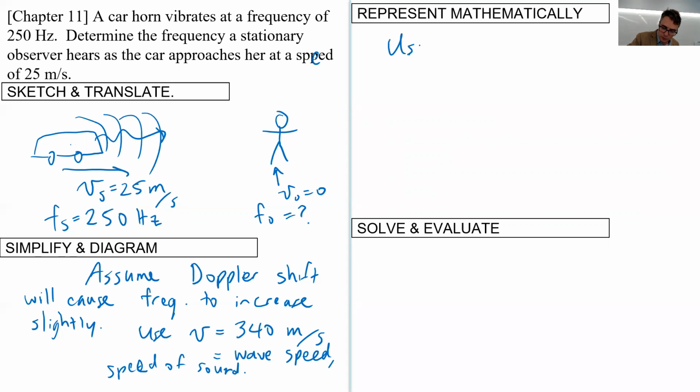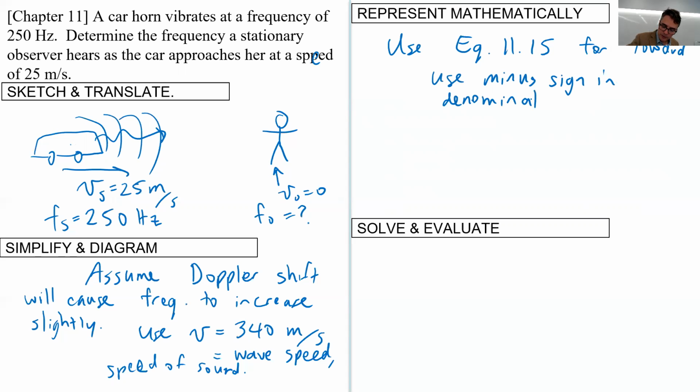So we're going to use equation 11.15 from Etkina, but it's for the toward version. When it's toward, the frequency is a little higher, so you want the denominator to be a little lower. So you're going to use the minus sign in the denominator.